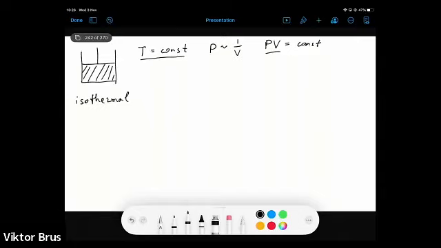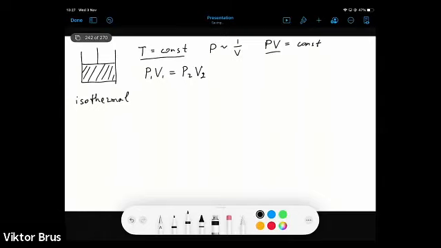Means if we go from one state, described by P1 and V1, with constant temperature, then because of this isothermal process, it goes to another state, described by P2 and V2. Their product will remain constant, and it is very neat to know this, because you can apply this knowledge to determine some unknown parameter.